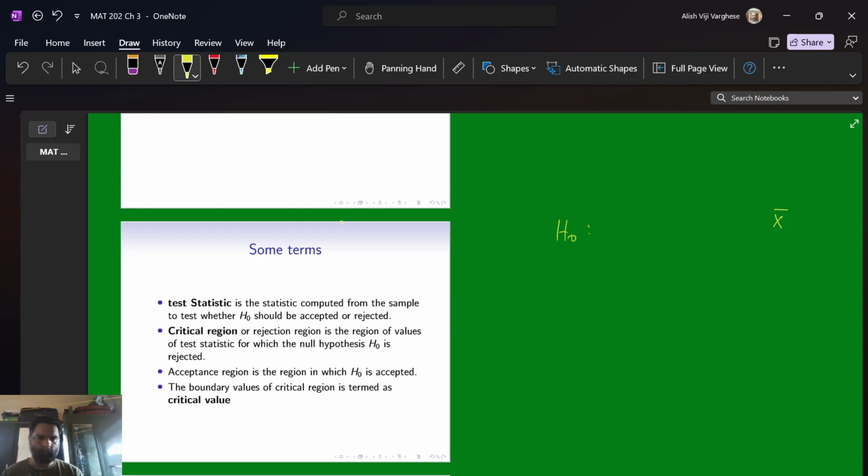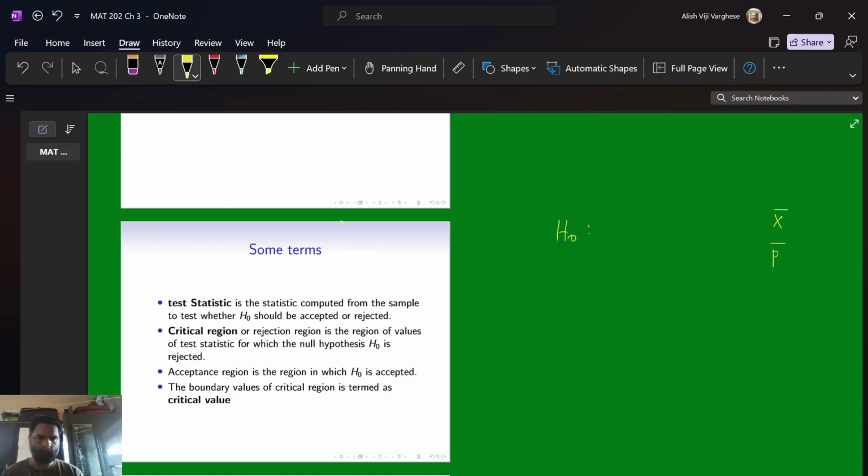And if we are making a statement about the proportion, then P bar is the statistic which we calculate from the sample. And based on the value of X bar and P bar, we make a decision.